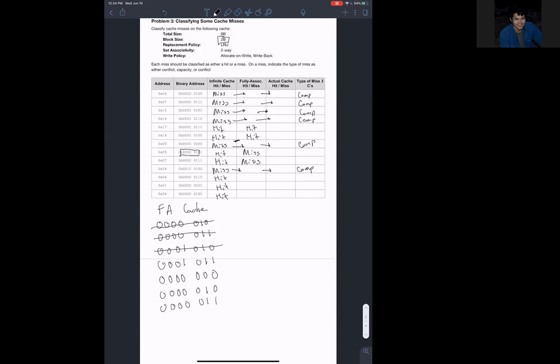Yeah, so I think our cache actually should look like that. Now, 0x24, that's a miss. So we have to add that to our cache and kick out the least recently used. And then finally, we go to 0x06. So is this tag in our cache?